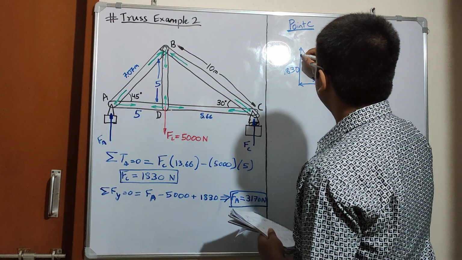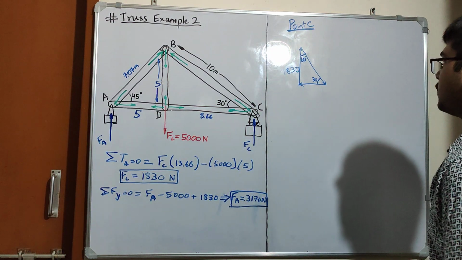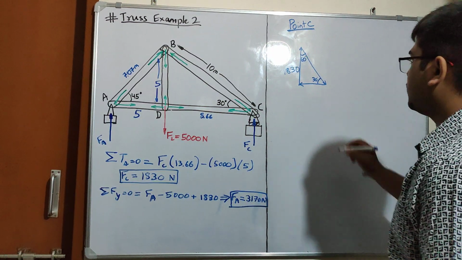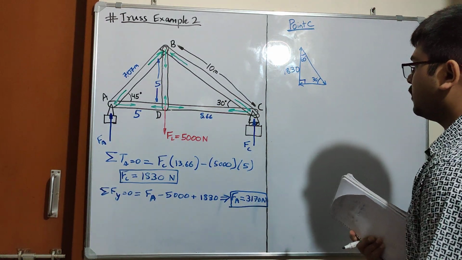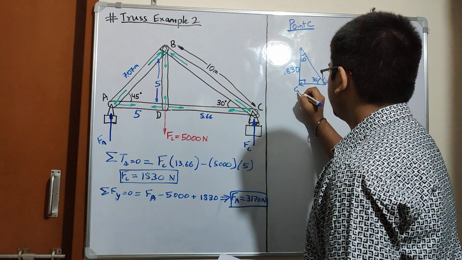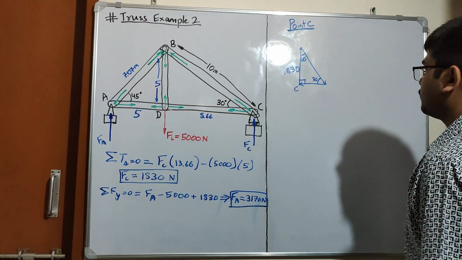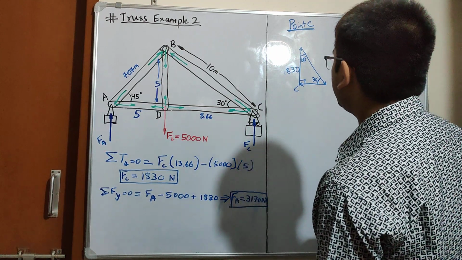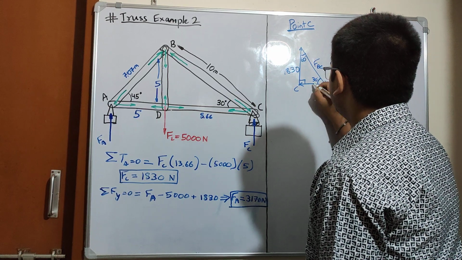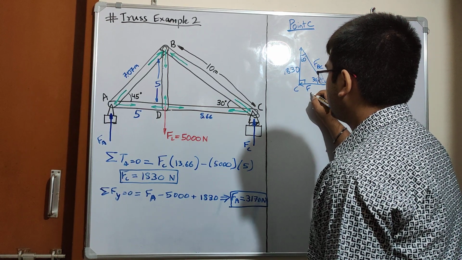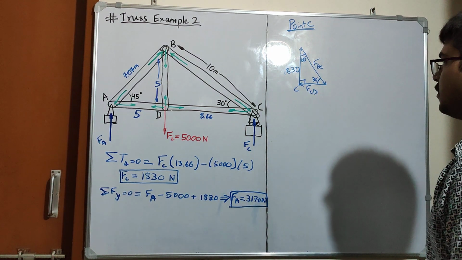This is 30 degrees, this is 60 degrees, and this one is 90, and this is point C. And this one is FBC, this one is FCD.